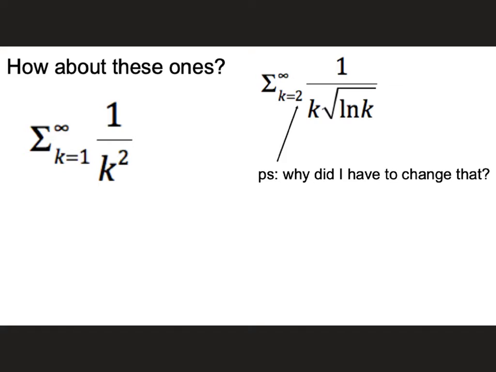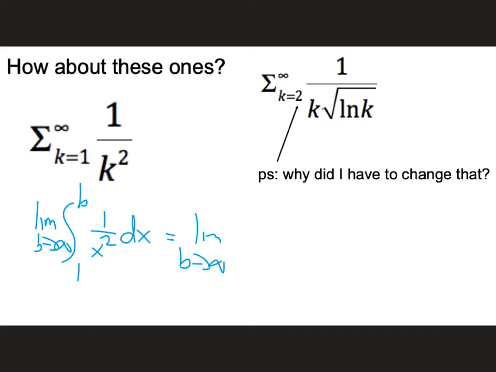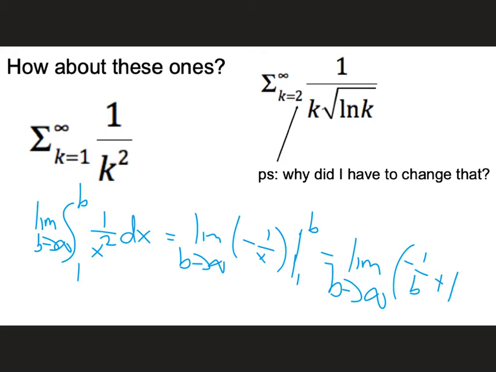All right, so for this one, if I think about the integral, the integral of 1 over k squared, nope, change it to x's because we're doing integration, silly pants, 1 over x squared dx. That's from 1 to b, I'm going to call it b right away, so I put a limit in front. The limit as b goes to infinity of negative 1 over x from 1 to b, which is the limit as b goes to infinity of negative 1 over b minus negative 1.